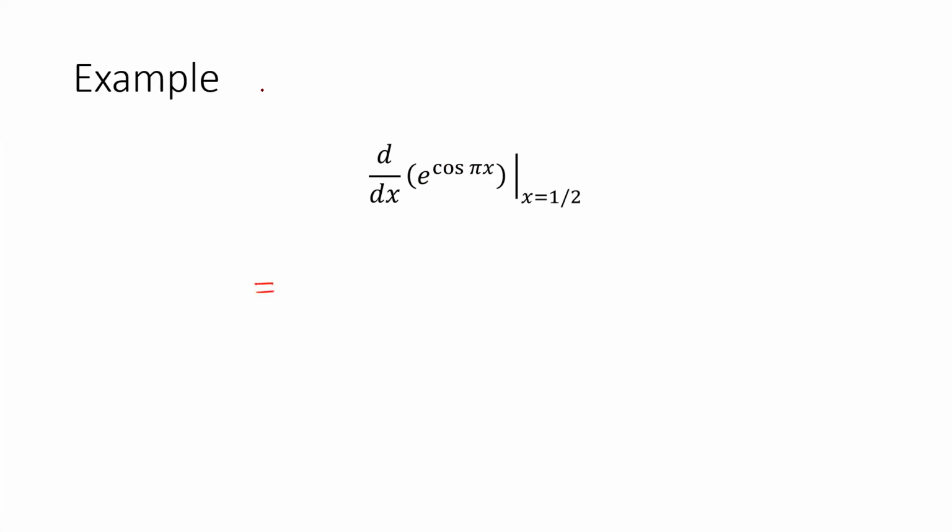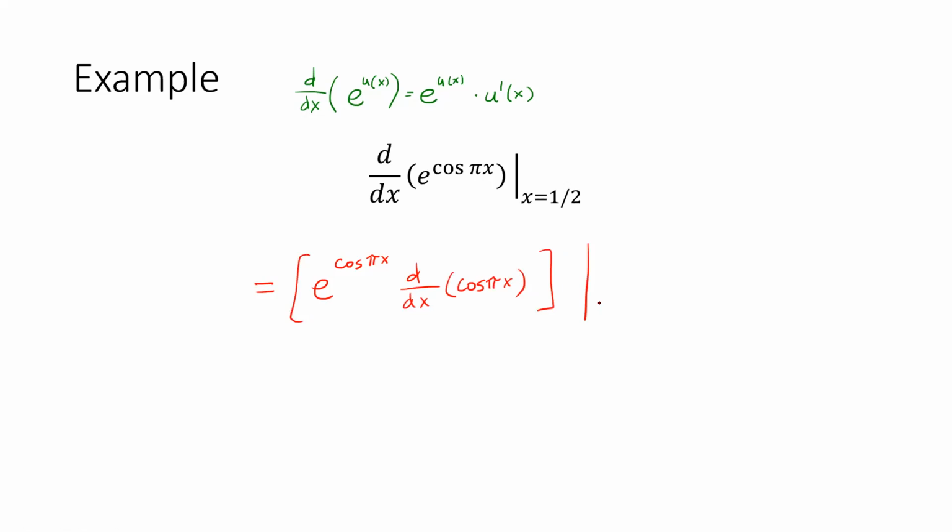So think of this as something of the form d/dx of e to the u of x power. So it'll be e to the u of x times u prime of x, or the derivative of u. So here it'll be e to the cosine of pi x, and then times the derivative of cosine of pi x. Okay, so we'll evaluate this at x equals 1/2.